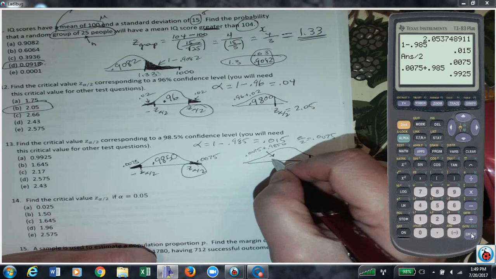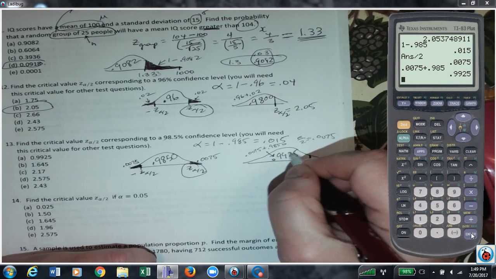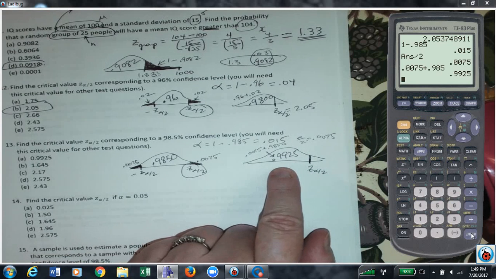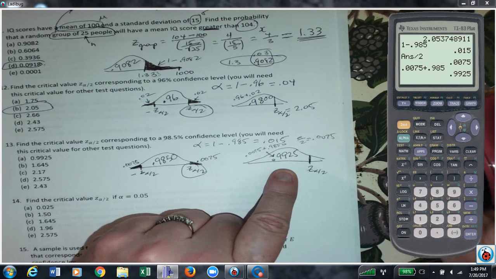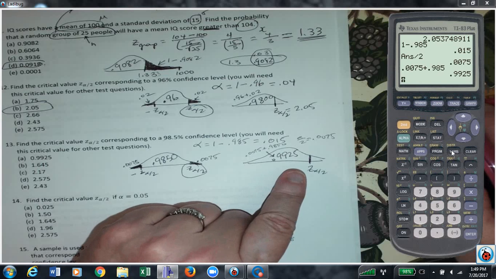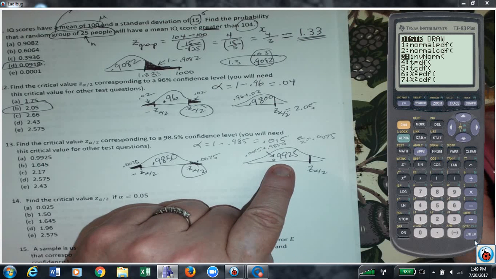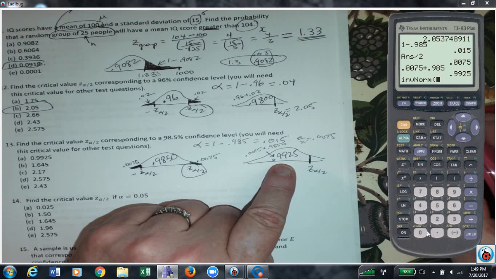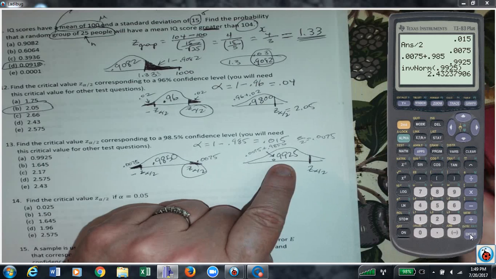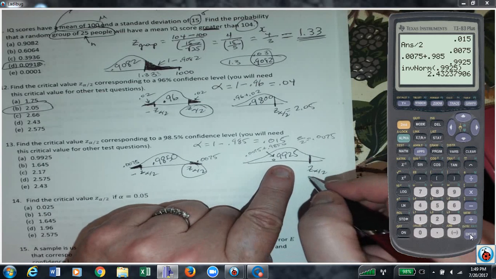Which is 0.9925. Now I can use my calculator or I can use the chart. If I use my calculator, it's going to be second vars, and I have to tell it the left area to get the z-score, and then press enter. So to two decimal places, it's going to be 2.43.